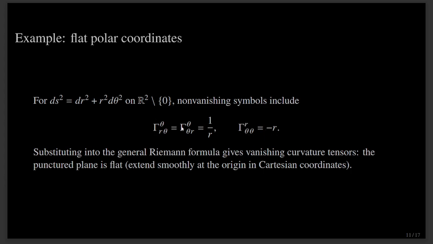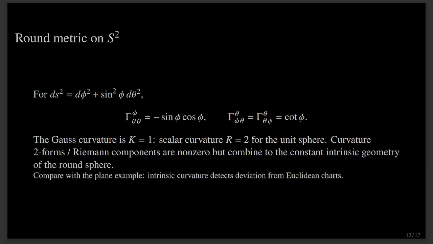And if we were to substitute this into the general Riemann formula, this would give us a vanishing curvature tensor, and this punctured plane becomes flat. It's kind of like if you had a flat plane and you wanted to curve all of it into a sphere, that's what it would look like, and extend smoothly through at the origin in Cartesian coordinates. Okay, so that's how we understand the divergence at the origin.